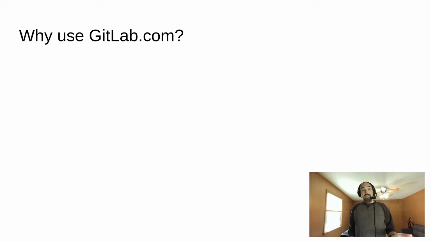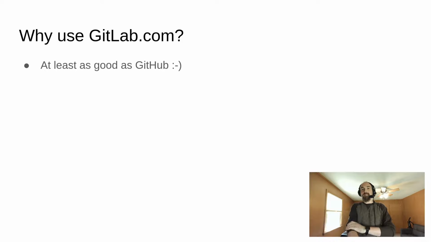So, why use GitLab.com as opposed to Bitbucket or the much more popular GitHub? Well, first of all, it's at least as good as GitHub, I will say that. There's some things that I actually like better about GitLab than GitHub, and I'm sure if you're used to using GitHub, switching to another tool, you will probably find things that you prefer about GitHub that you don't really like about GitLab.